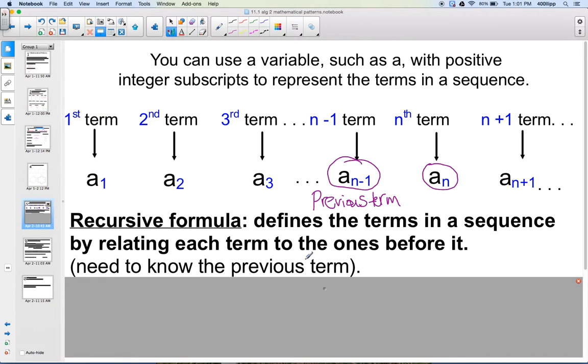This is how we represent the previous term, a sub n minus 1. So if you have a sub n minus 1 in your equation, you know it's a recursive formula. That's giving it away, because you need the previous term.